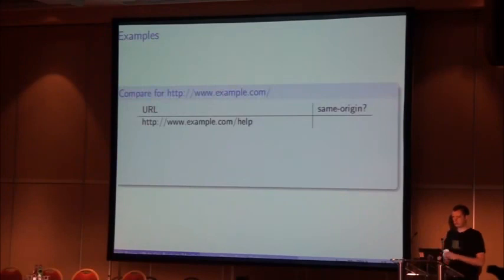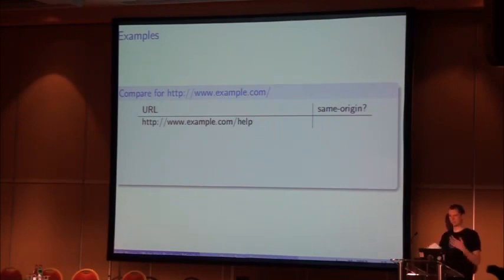Okay, so we're on the same page, let's walk through a few examples and compare: are the following URLs in the same origin? http://www.example.com comparing to http://www.example.com/help. Okay, let's do this together.